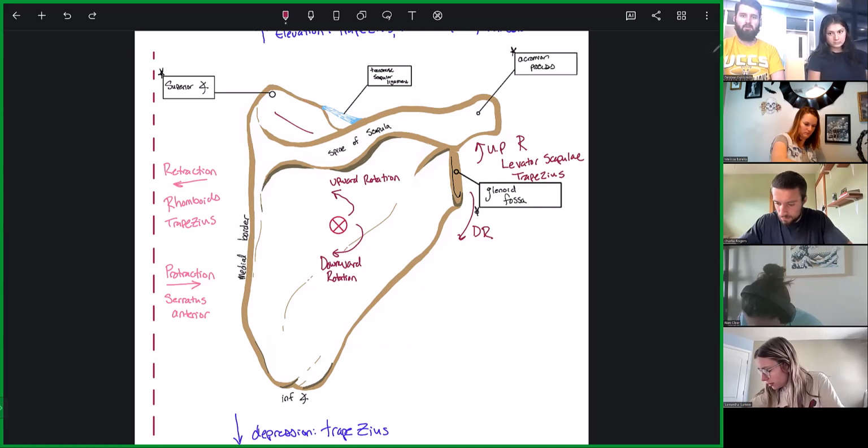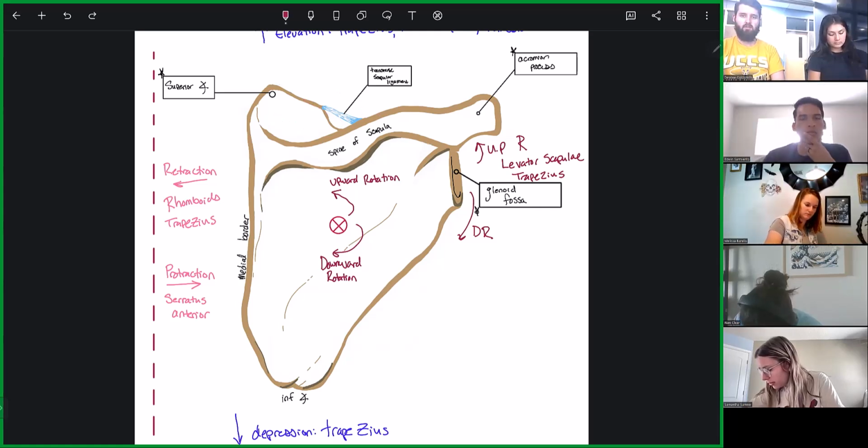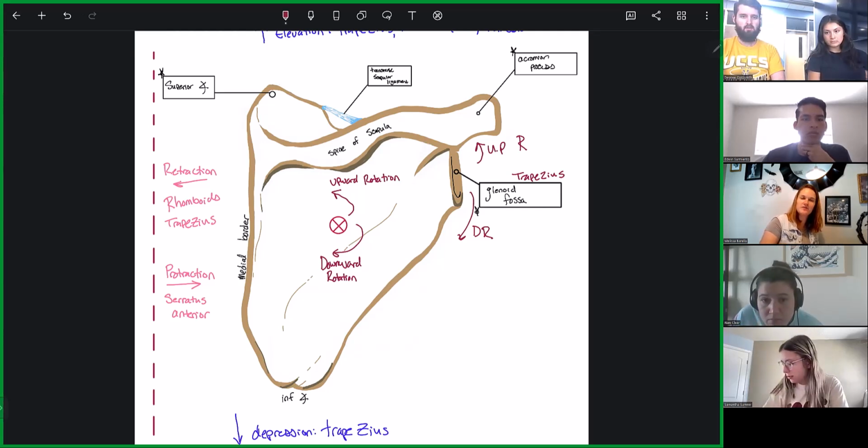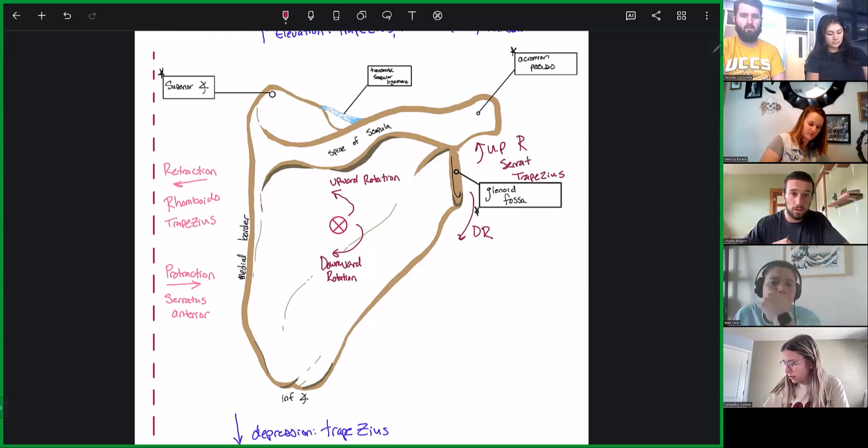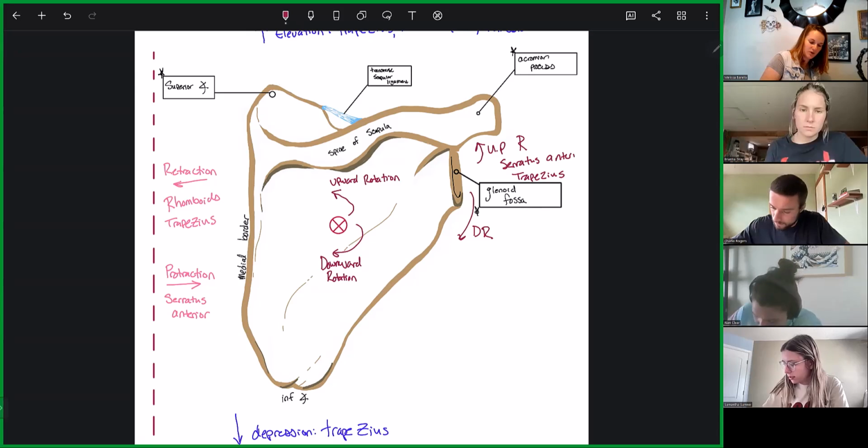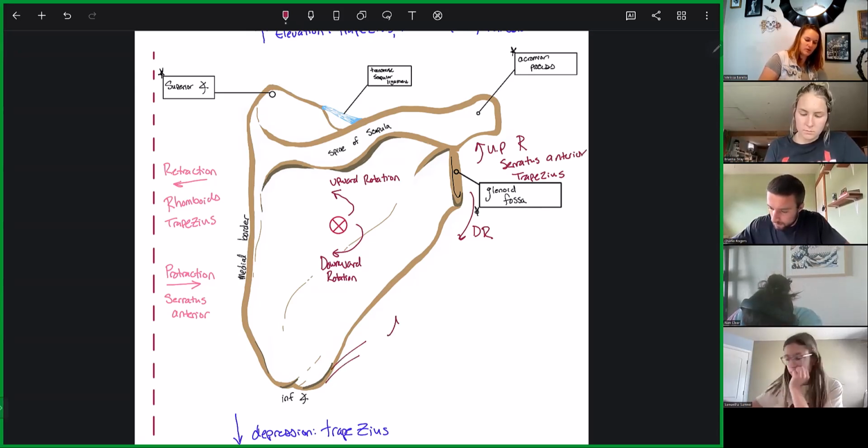Would it be the levator spine? This one would be serratus anterior. So this one is going to anchor down at that inferior angle to start pulling and rotating the scapula around and up.